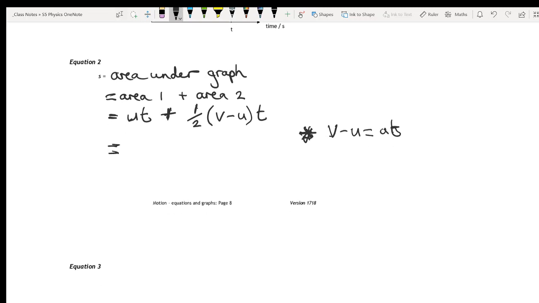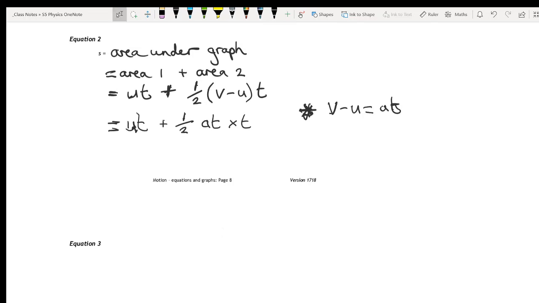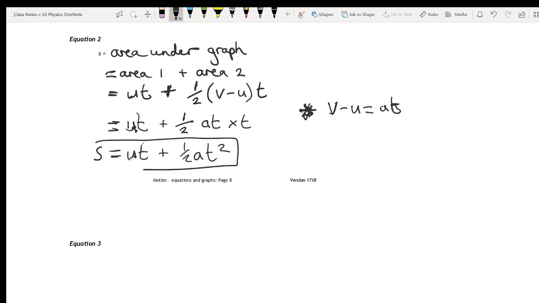So s equals ut plus half at times t. And yes, somebody whispered it there. So you can make that s equals ut plus half at squared. And that is our second equation of motion. It's up to you, but that's how it's written down in the equation list.